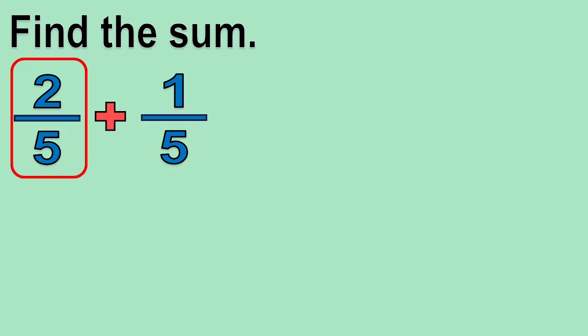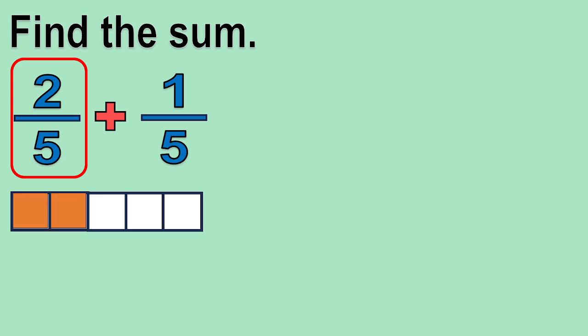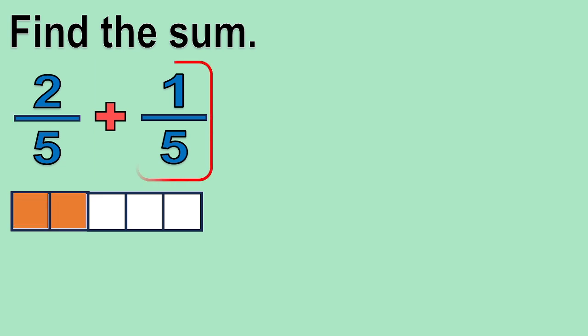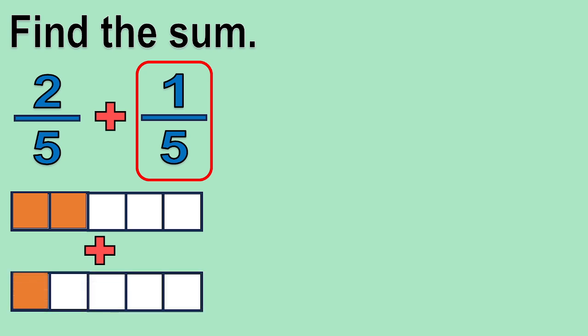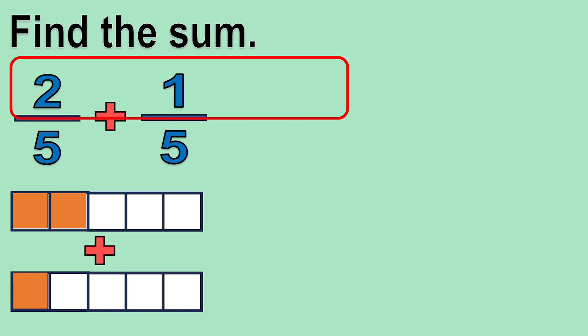2/5 plus 1/5. First, add the numerator. We have 2 plus 1. 2 plus 1 equals 3.